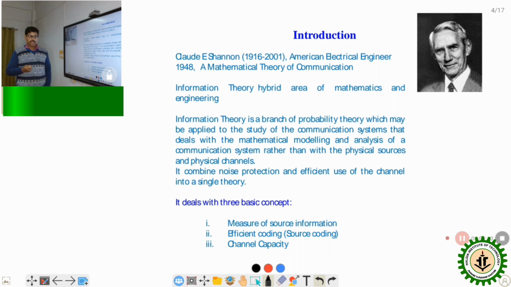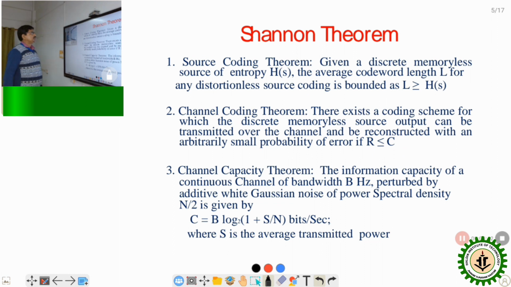If the channel is not capable enough, we cannot send the information appropriately, as in video conferencing today where a lot of data is used. So he gave a theorem for channel capacity. Shannon proposed three theorems: the source coding theorem, the channel coding theorem, and the channel capacity theorem.